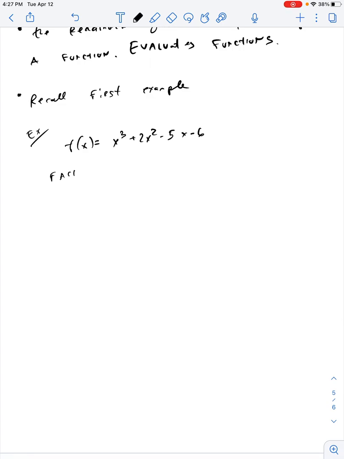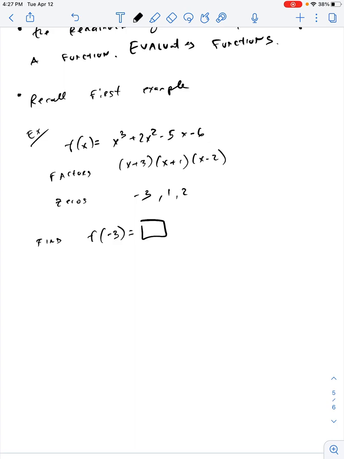Recall that we know that our factors are x plus 3, x plus 1, x minus 2, and we know that the zeros are negative 3, 1, and 2. So I want you to find what f of negative 3 equals.